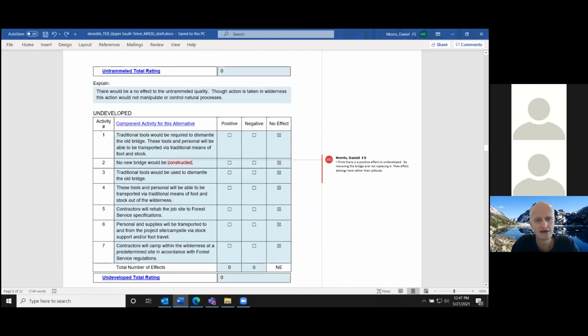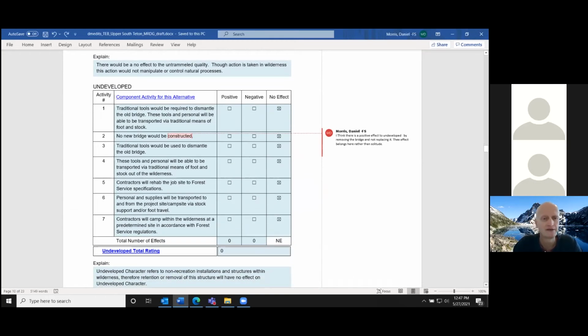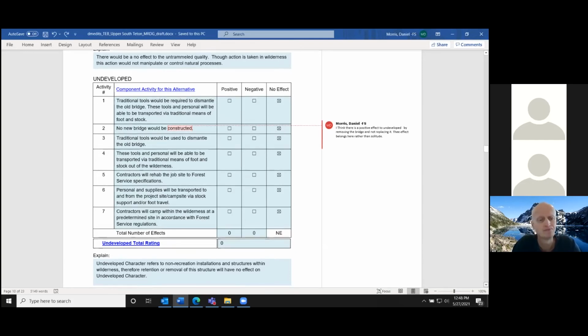All right, undeveloped. So here they showed no effect. And I posed the question, well, is there maybe a positive effect to undeveloped by removing that old bridge? So that's something we'll discuss there. I think there potentially is that positive effect.